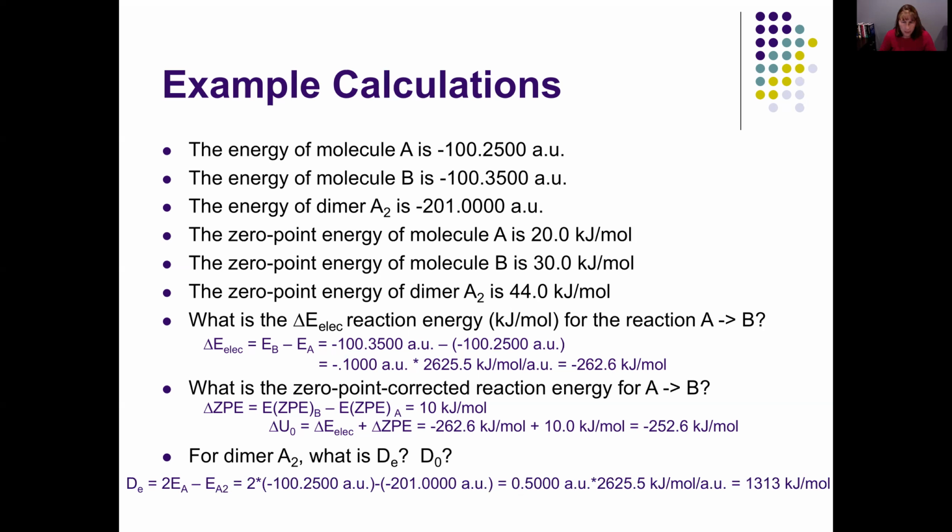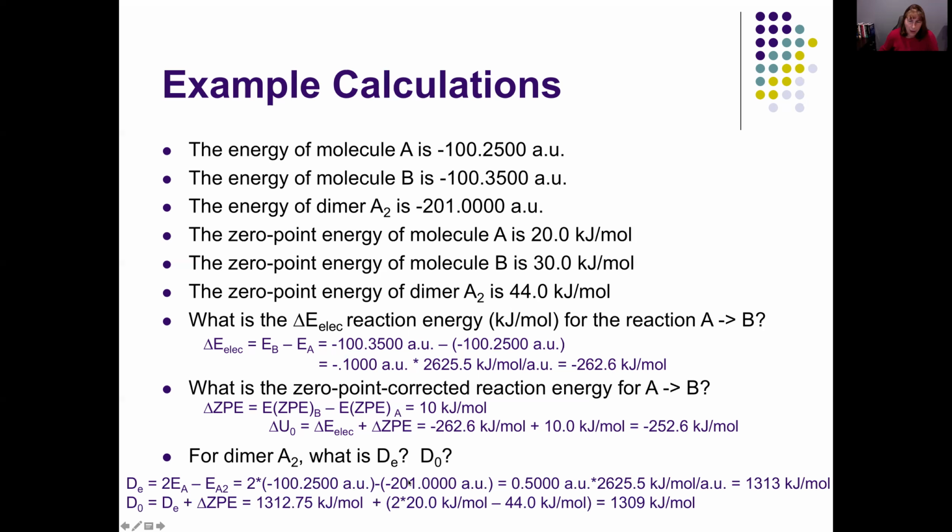Now we want to account for the zero-point energy and figure out what we would measure. So again, D0 is going to be DE plus that delta ZPE. So here we've got our value with all available significant figures. And then we'll take our delta ZPE.